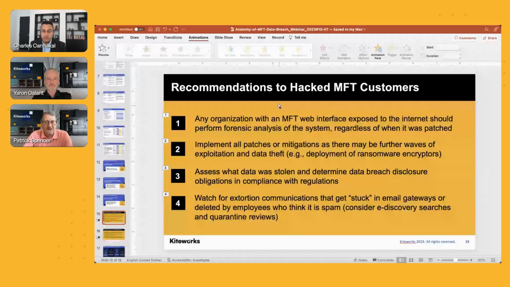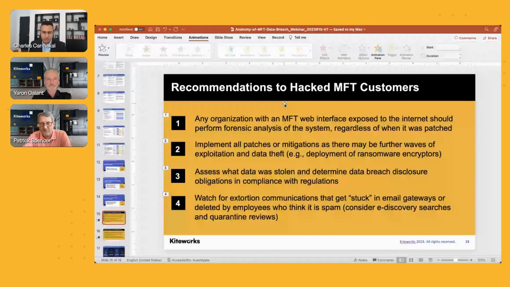But talk through each of these points and I'll go through it quickly because I think we covered a lot of this already. So again, for the most recent MFT mass exploitation event, you need to assume that the tenant was compromised. And I think at this point, most people have figured out whether or not they had a compromise, and maybe it took them a little bit longer to figure that out.